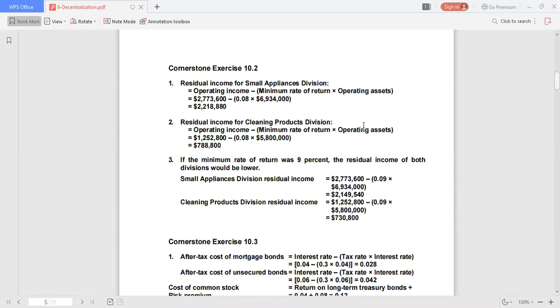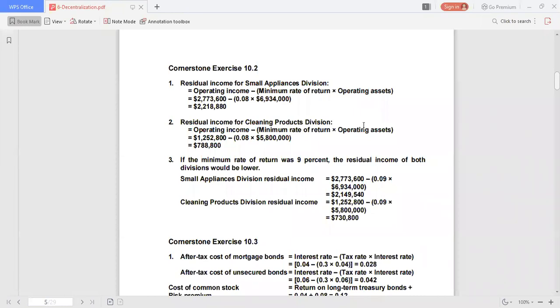That's the operating income minus 9% of the average operating assets. So it gives only 2,149,540 for the operating income.